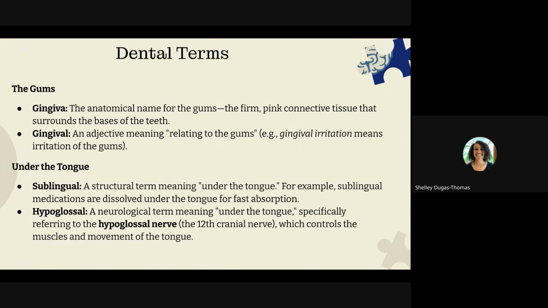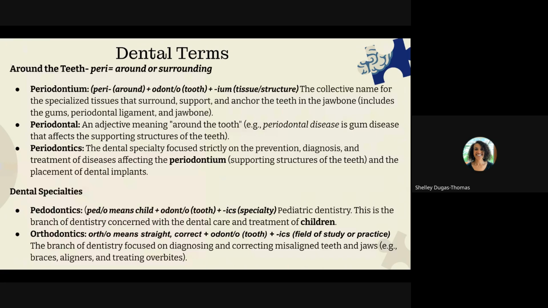Both translate literally to under the tongue because linguo, Latin, and glosso, Greek, both mean tongue. However, sublingual is the structural delivery term, like sublingual nitroglycerin tablets, whereas hypoglossal is the neurological and anatomical term, specifically referring to the 12th cranial nerve controlling tongue movement.